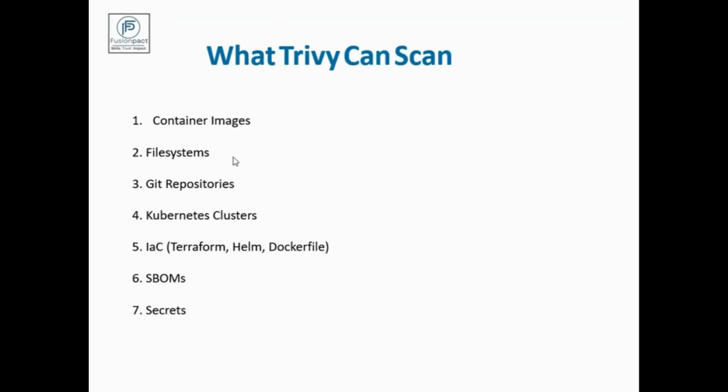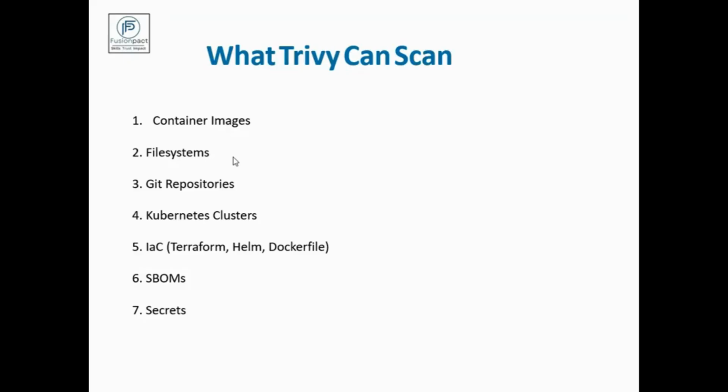So where can we use Trivy for scanning the vulnerability? The different uses are the container images, the file system on the server. Also, it scans the Git repositories, the clusters in Kubernetes, and also the configuration files for the infrastructure as code we use.